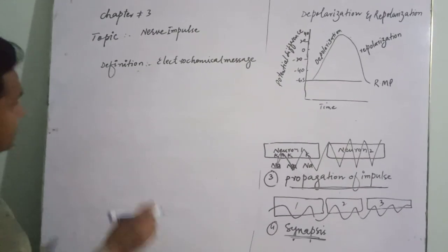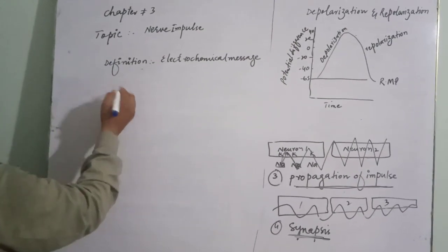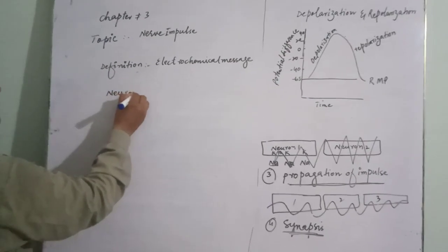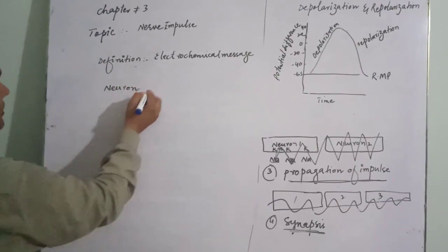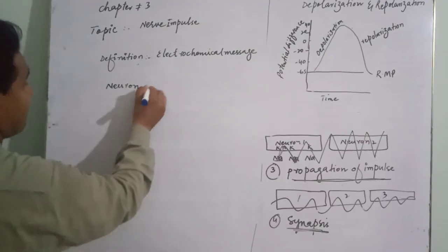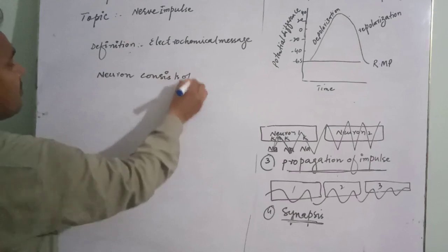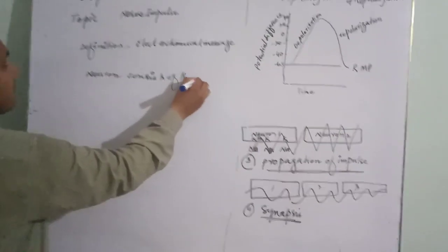Keep in your mind that a neuron consists of three regions.